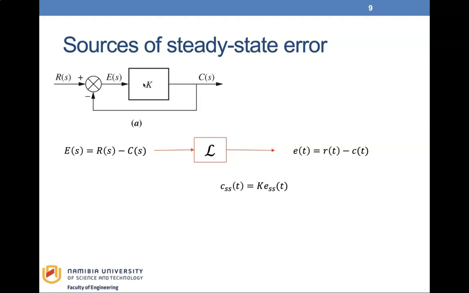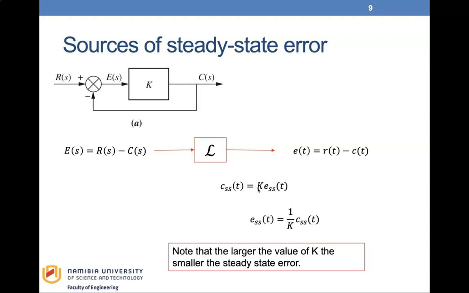If c subscript ss is the steady state value of the output and e subscript ss is the steady state value of the error, then c_ss is equal to K multiplied by e_ss in the time domain, or the steady state error e_ss is equal to 1 over K multiplied by c_ss.